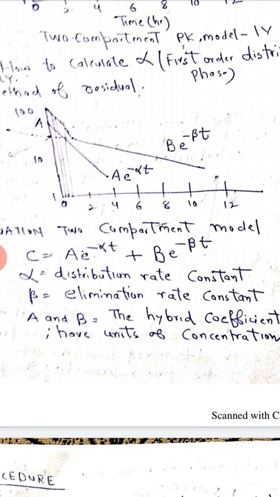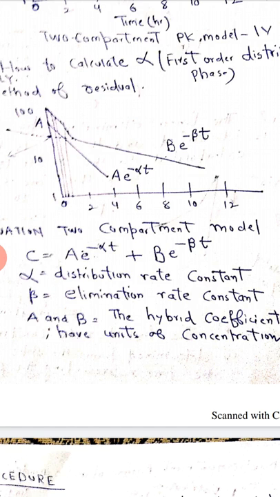With the help of this equation, which is the mathematical model for drugs following 2 compartment, we can find out the concentration of drug in the plasma at any time t for drugs which follow the 2 compartment model and which are administered through the IV bolus route.